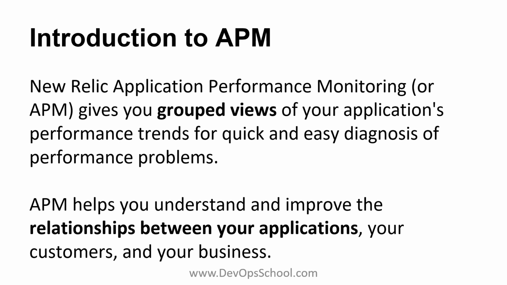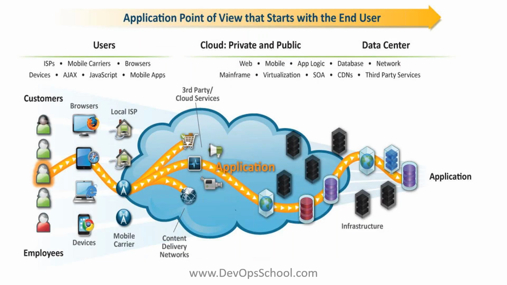So look at this image. Here you see your end user may use different browsers, different ISPs, different services, different load balancers, different app services, and ultimately different CDNs and different regions. Ultimately you have to track the request performance between each.